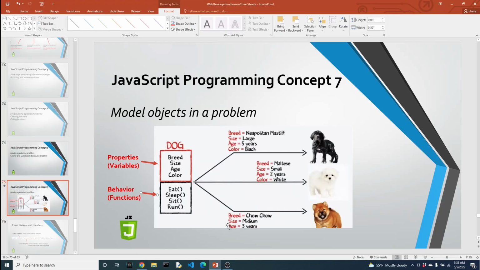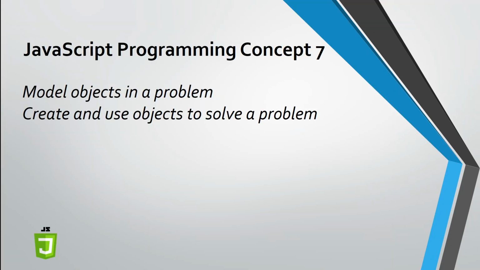Let's review what we've done. So we introduced a new concept called classes, which allows us to model objects in a problem. These objects consist of behaviors and properties which equate to functions and variables respectively.